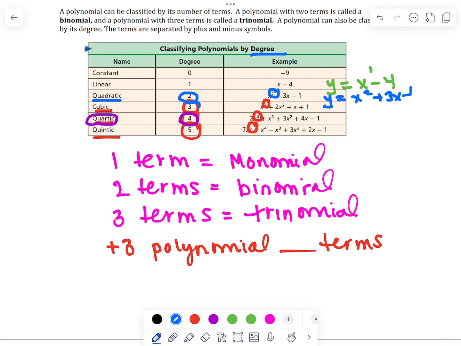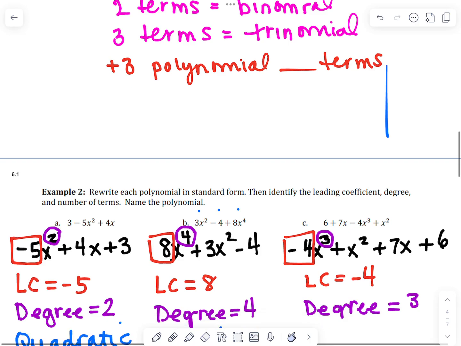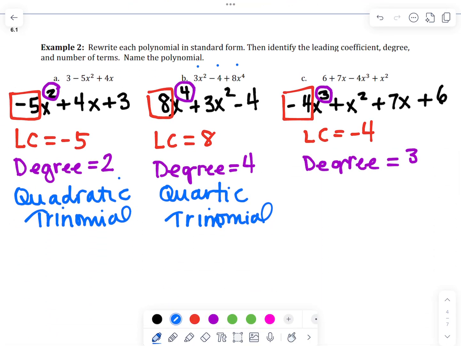Our degree is 3, so it's going to be called a cubic function. And then we count how many terms it has. It has 1, 2, 3, 4. So anything that is higher than 3 terms, it doesn't have a name for it.